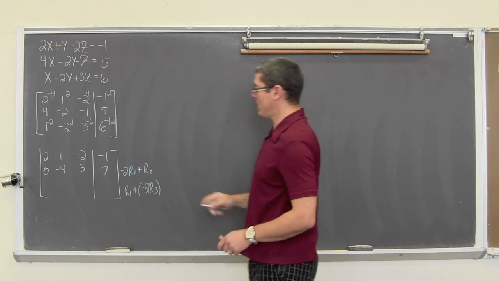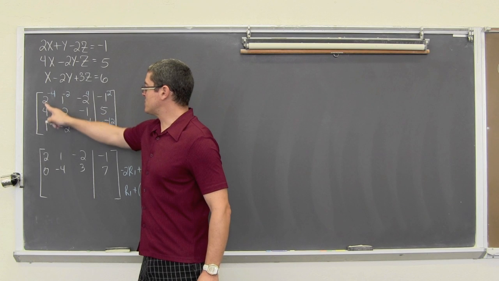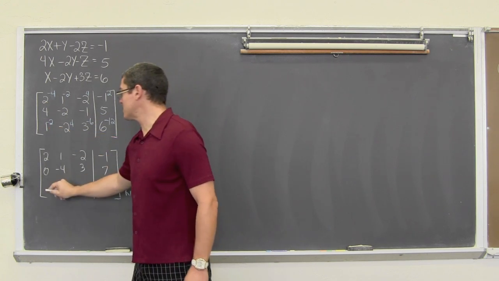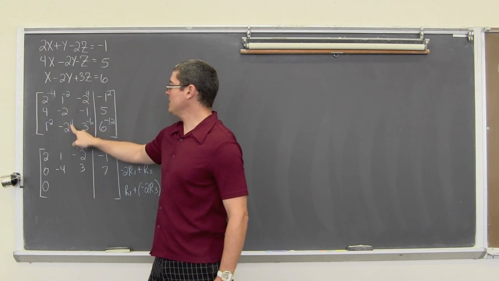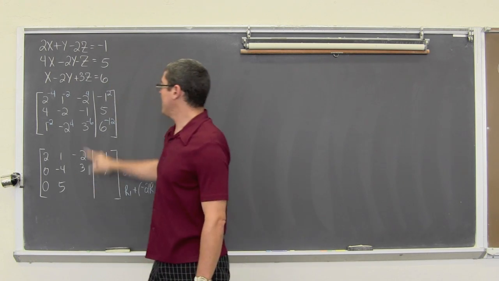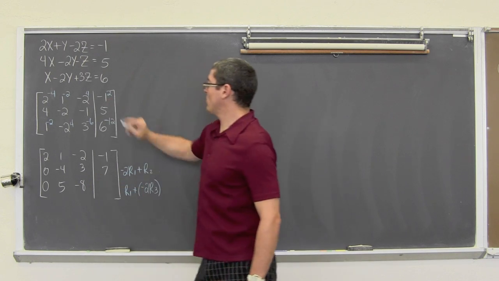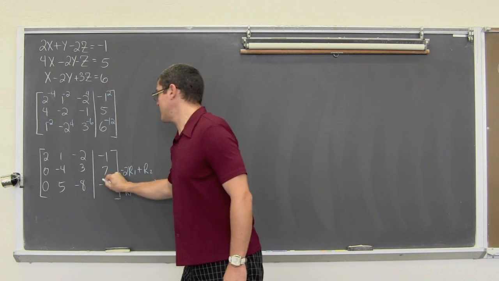Okay, so row 1 plus -2 times row 3. 2 plus -2 is 0. 1 plus 4 is equal to 5. And -2 plus -6 is -8. And 1 plus -12 is -13.